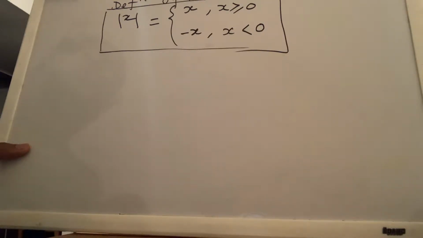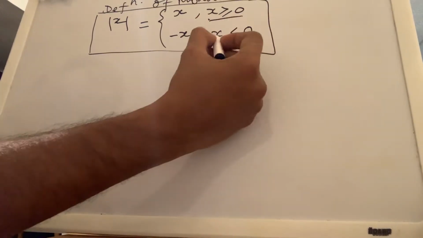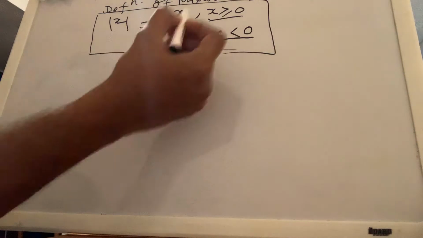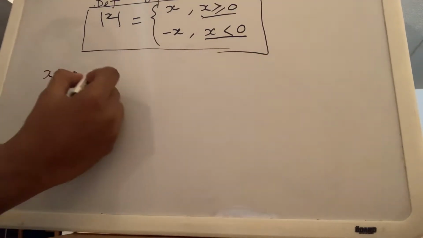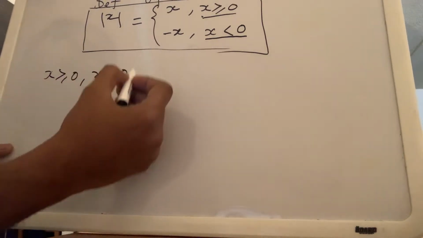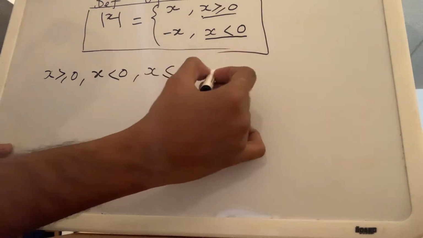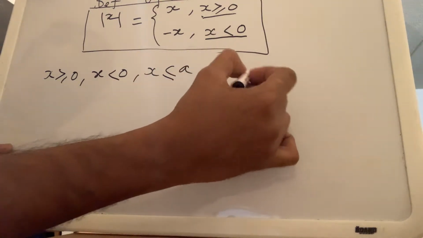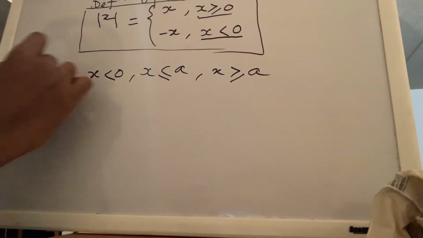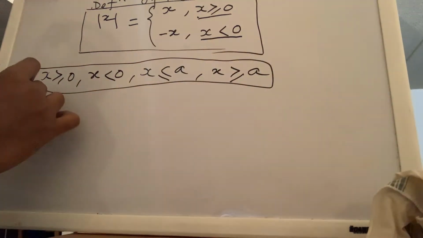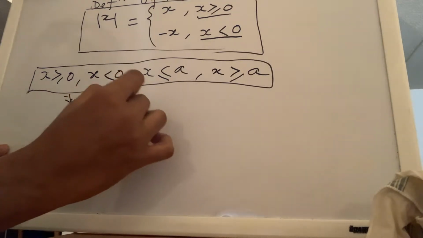As you see, this x greater than or equal to 0 and x less than 0, or x less than or equal to a, x greater than or equal to a, in mathematical terms we call these expressions inequalities.